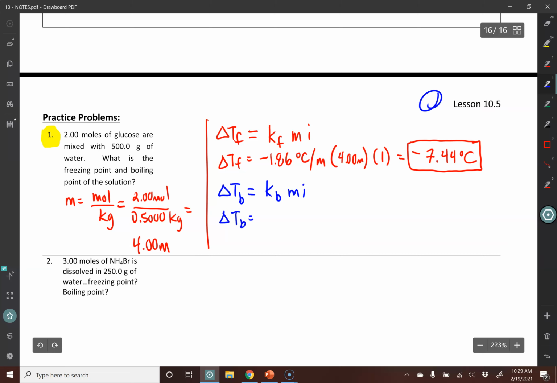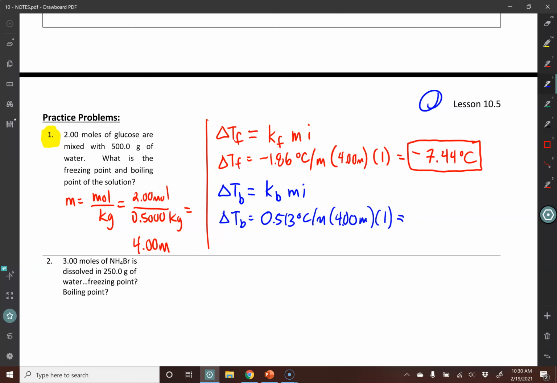So my boiling point constant for water is 0.513 degrees Celsius per molal times the molality of the solution, 4.00 molal, times 1. So my change in boiling point, if I grind through the calculation, and I will go to just 3 sig figs here, so you're going to have to do a little bit of number shaving, is about 2.05 degrees Celsius.